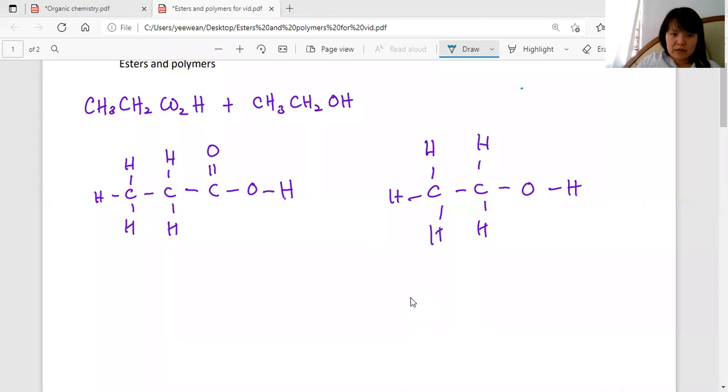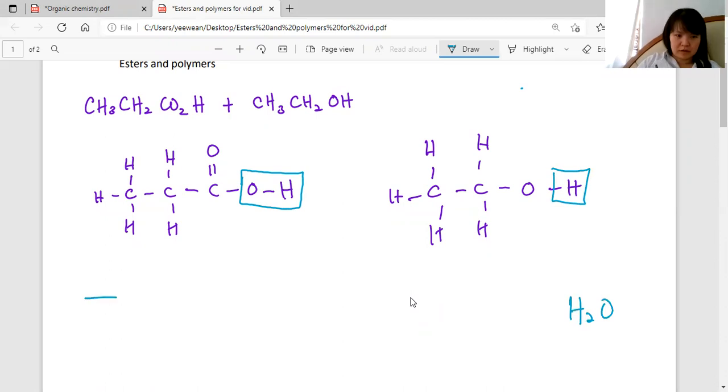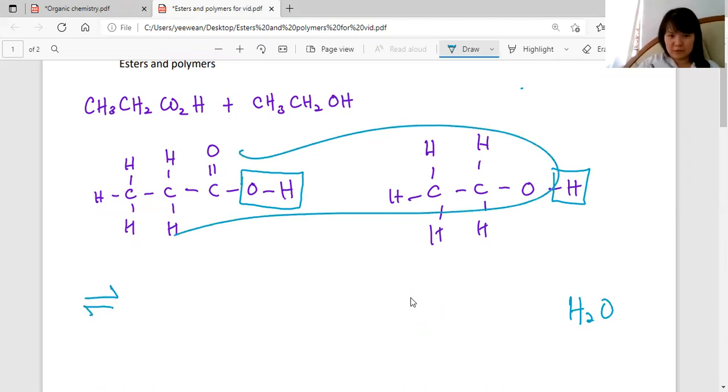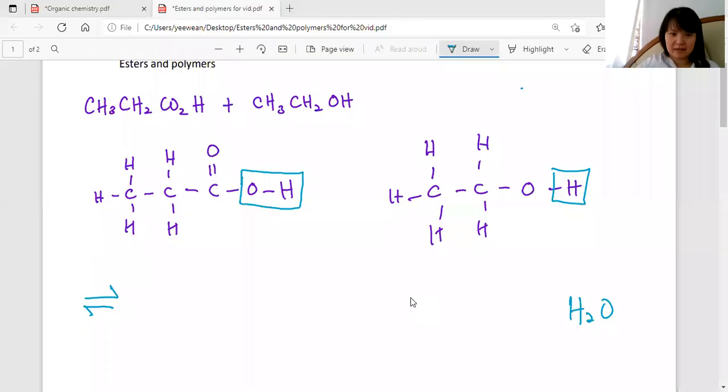Same as what we did just now. I'm going to take the OH from here to make the water, and the H from here that makes H2O. Since I'm displaying it, so it goes this way, my equation. All I need to do is copy from the carboxylic acid.